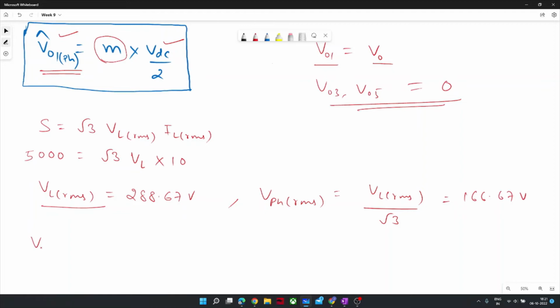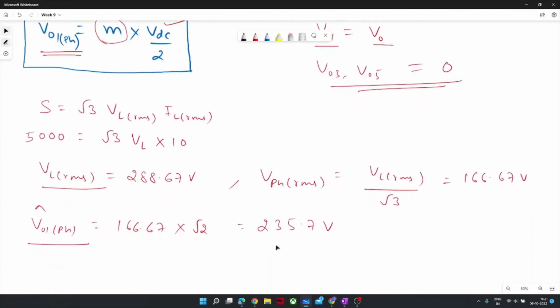So V naught 1 phase peak would be 166.67 into root 2. So that would come out to be 235.7 volt. So we calculated this value. Now we just need to put it here and we will get the answer.